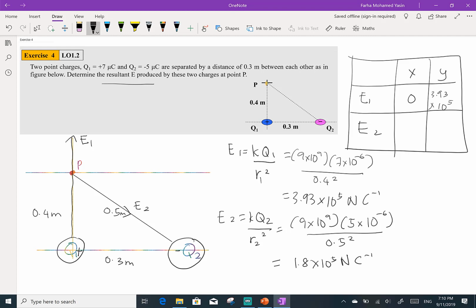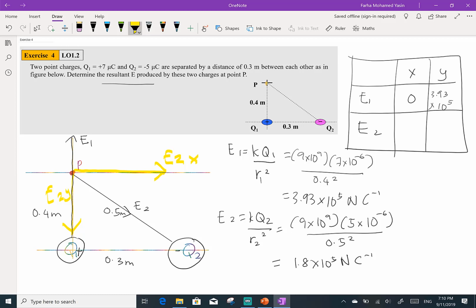Tapi untuk E2, kita perlu resolvekan dia into X dan Y component, E2X dan E2Y.